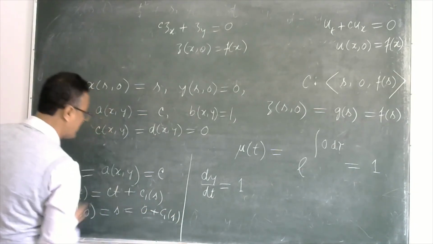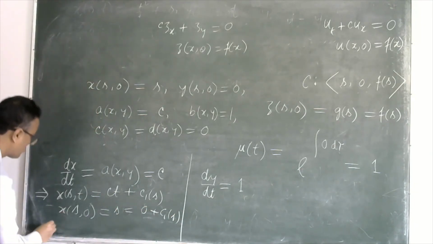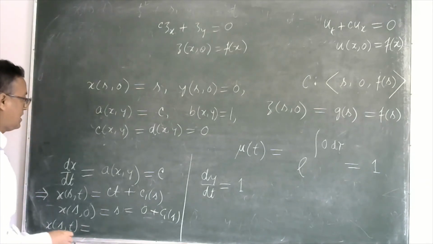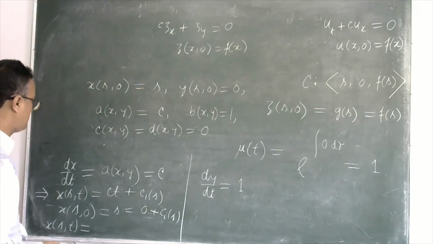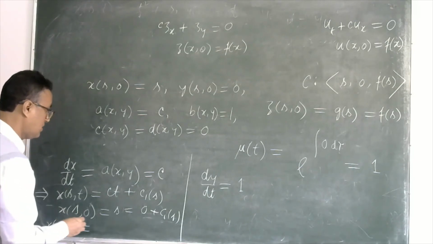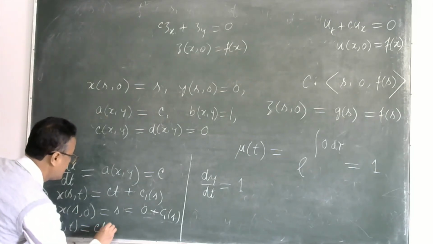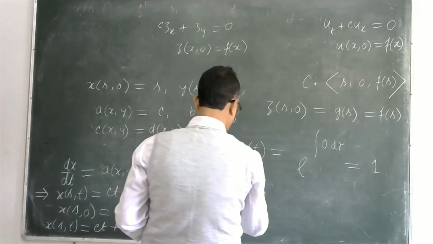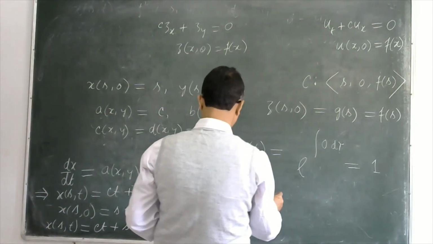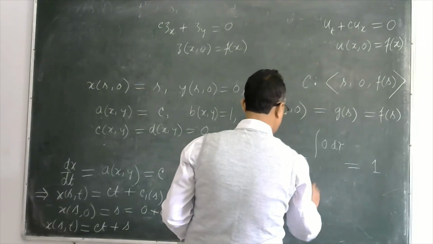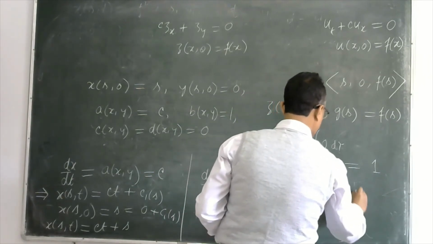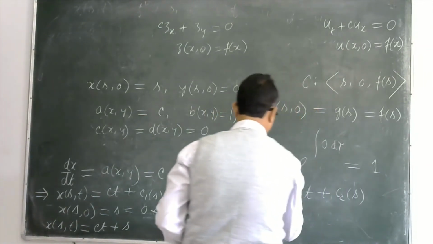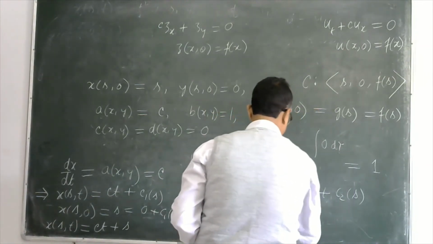So c1(s) is simply s. That is why x(s,t) is simply ct plus s. And from here you get y equal to t plus c2(s), as a function of s and t.